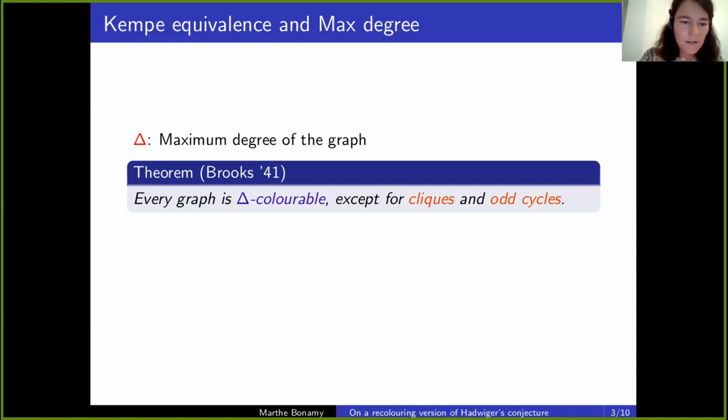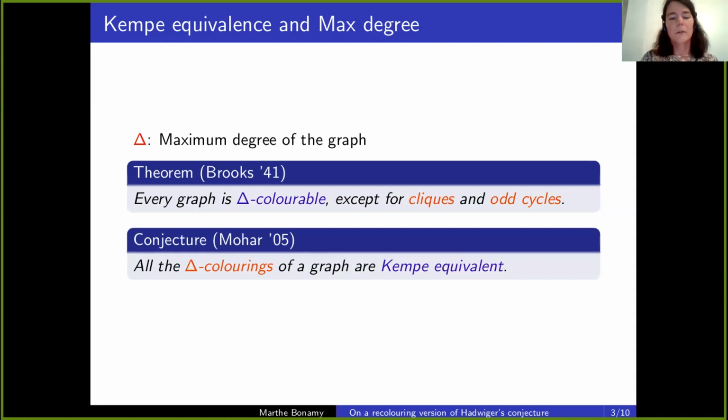There was a really nice conjecture by Bojan Mohar from 16 years ago now, saying that they should all be Kempe equivalent, meaning take your favorite delta-coloring of your favorite graph, and through a series of Kempe changes, you should be able to reach your second favorite, always. It's a beautiful conjecture. It's very intuitive in some sense. Given Brooks' theorem, I don't know if you've seen a proof of it, but it's really easy to prove.